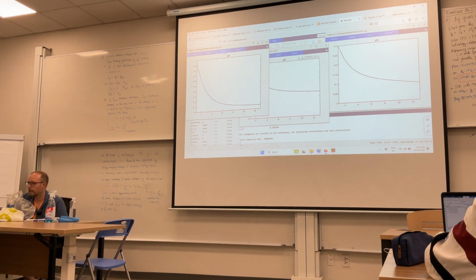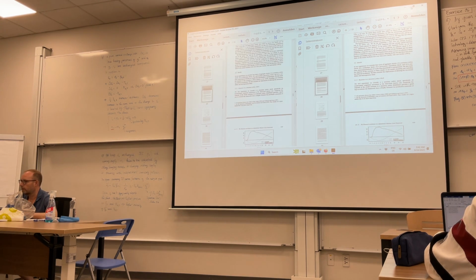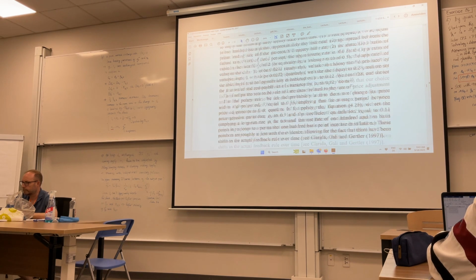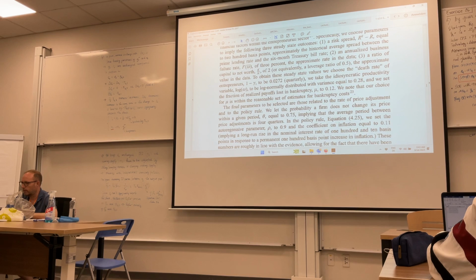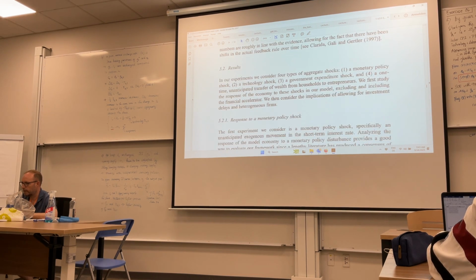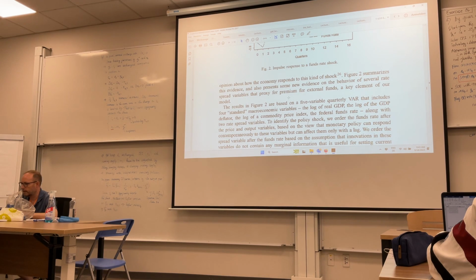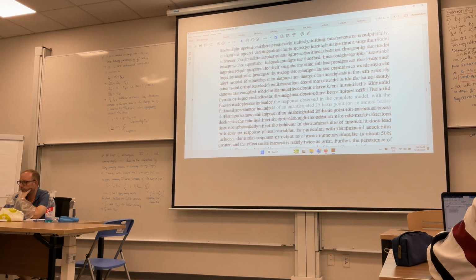To the monetary policy shock. And what we want to see, let me turn this off and go to the paper. You double check the parameterization here, but I'm going to see specifically if I can find where they tell us how they shut off the financial agreement, what assumption they make.